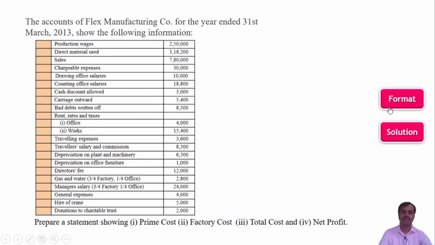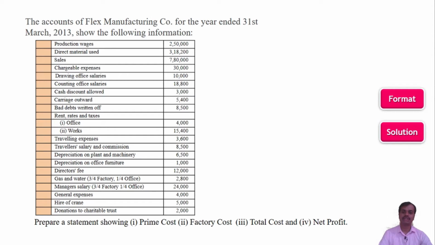The first is the format of the cost sheet. There are two formats of cost sheet: one is the simple cost sheet, another one is the detailed cost sheet. When we have to use which format, how do we decide? This depends on the information available about the stock.